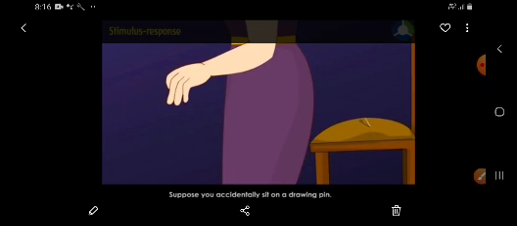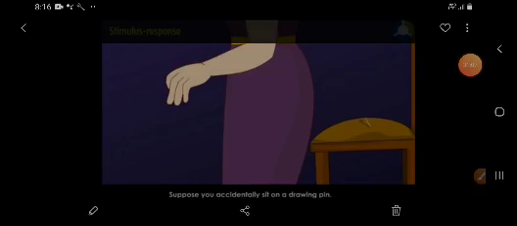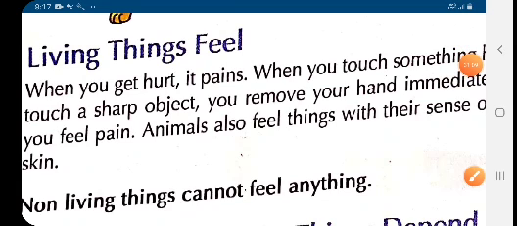This means living things also feel. This shows that living things feel. Children, for example, when you get hurt, it pains.